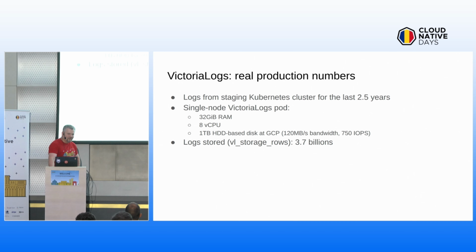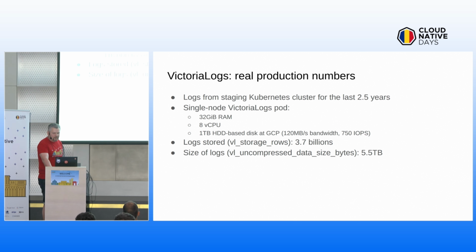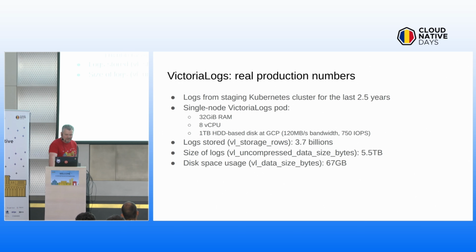And we stored 3.7 billion logs over these 2.5 years in this VictoriaLogs instance. That's not such a big number, but it's still big. The original size of these logs is 5.5 terabytes, which already exceeds the size of the 1 terabyte disk.